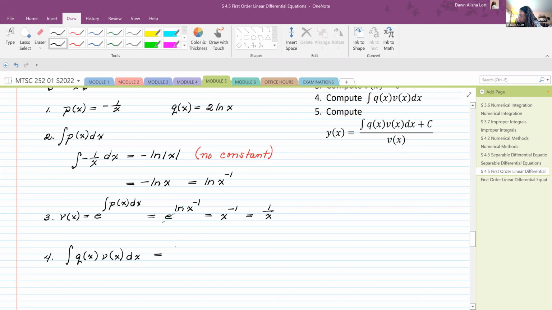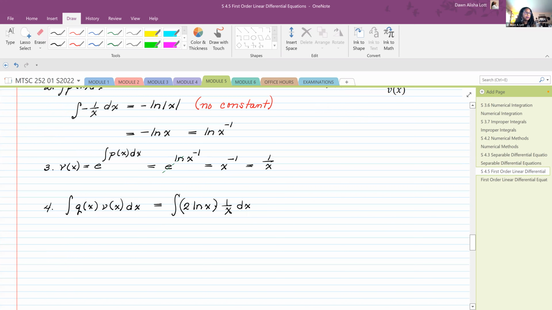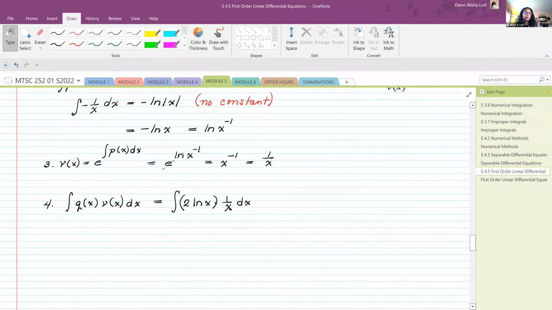And that is the integral of Q of x, which we said is 2 times the natural log of x, and then V of x is 1 over x dx. Okay, so that's what we have. How do I integrate that? What method am I going to use for integration?